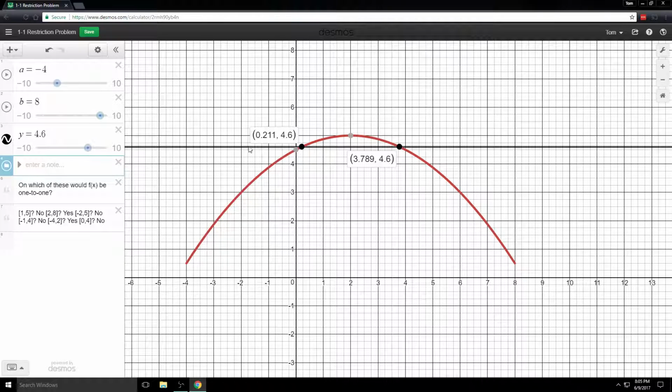Whereas if you only have points to the left of 2 in your domain or to the right of 2 in the domain and not both, then it is going to be one-to-one. So if you notice, all of the answers that were yes, there were only points to one side or the other of this high point up here. All the answers that included some points to the left and some points to the right of that, the answer was no. And so that's it on this problem.